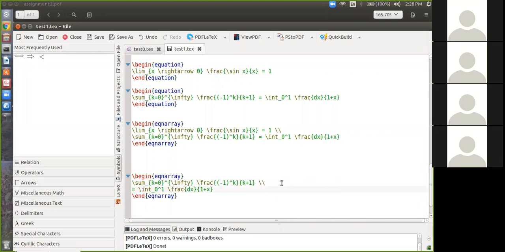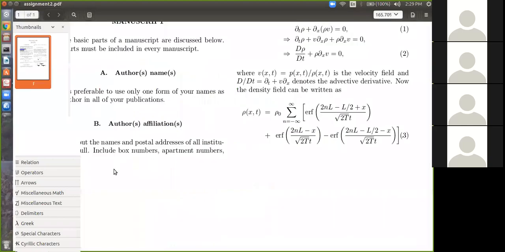So just give a line break here where you want to break the equation, and put a backslash nonumber. Okay, so it will break the equation and give you the required answer. So yeah, you can see.